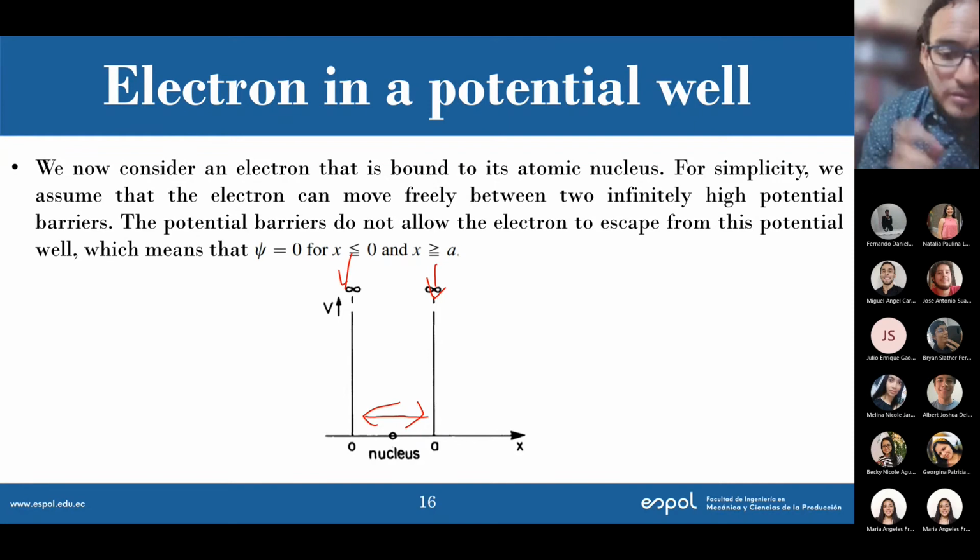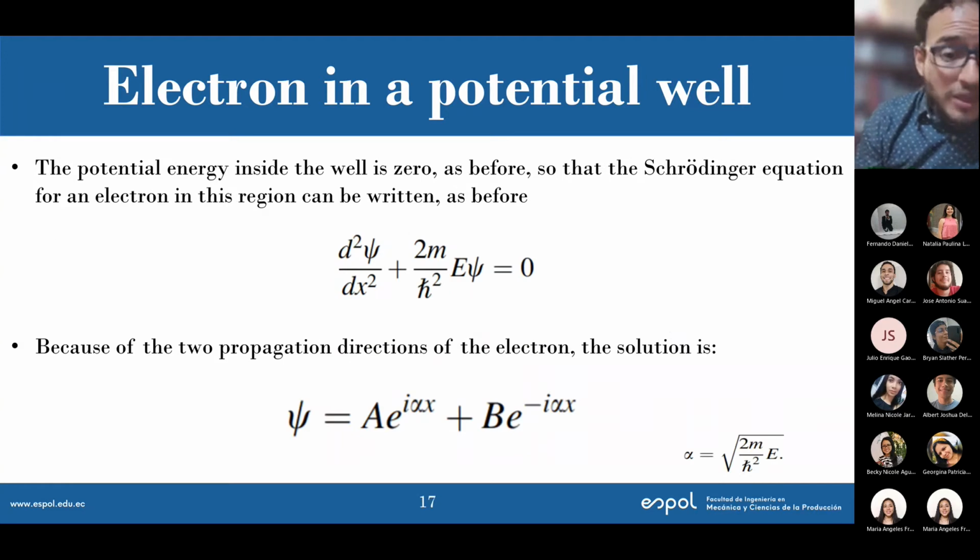It's just at the end. It's not that I have potential barriers within the well. I don't. The electron can still move freely inside the well. But again, inside the well. Therefore, the equation doesn't change. The equation is the same.